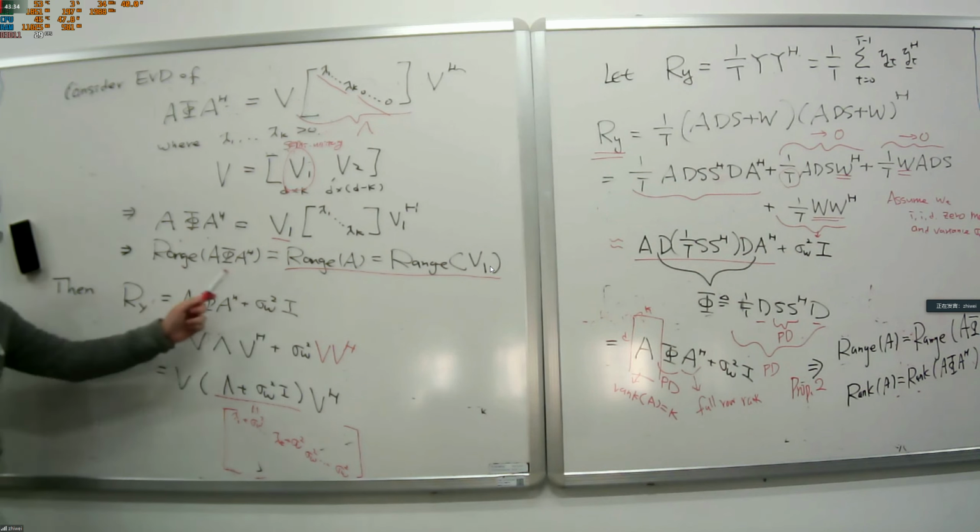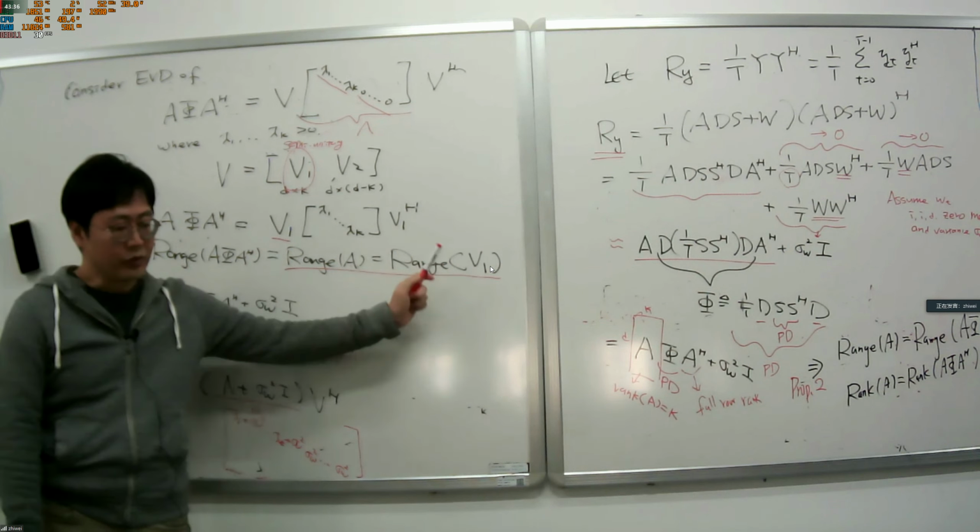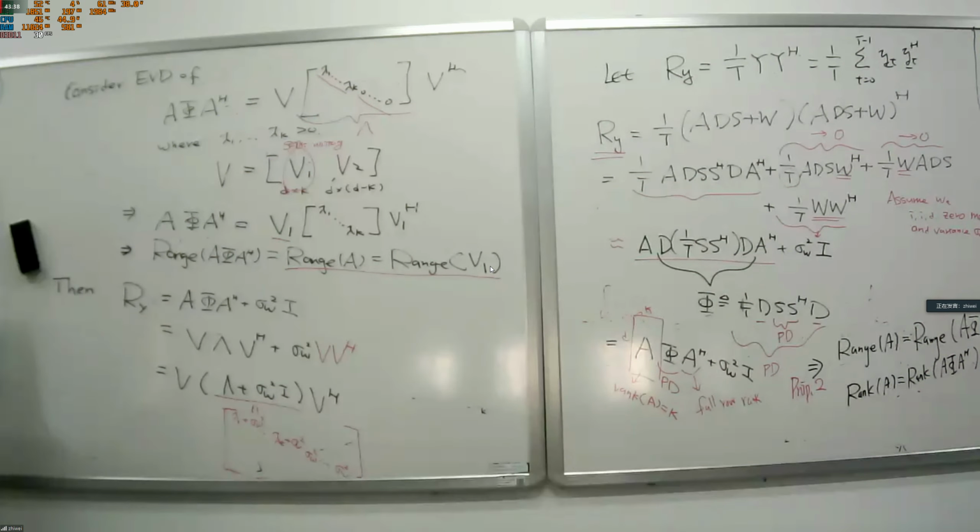And here it tells us the range space of A is equal to the range space of V1. So it's equivalent to finding the range space of V1. And how can we get the range space of V1? This tells us we can do the eigenvalue decomposition of Ry.